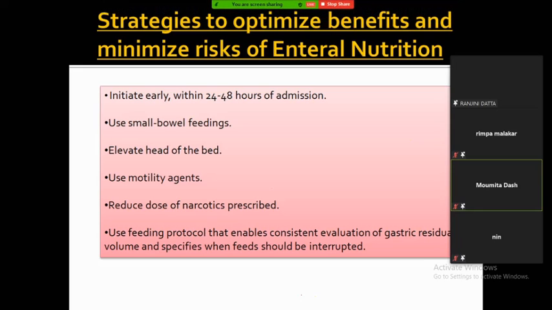And finally, regarding continuous monitoring, there should be a protocol to evaluate the nutritional status, evaluate the amount of gastric residues, and specify when enteral feeding is to be interrupted, and there has to be a paradigm shift to parenteral nutrition.